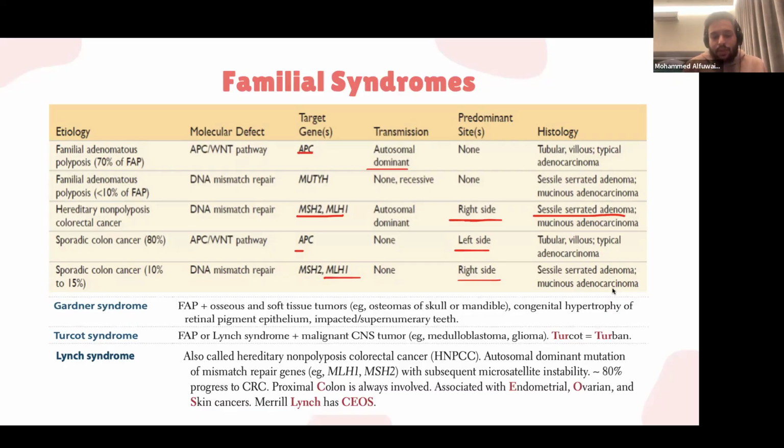Lynch syndrome, the more important, we already mentioned it in detail already, but Lynch syndrome is associated also with extraintestinal cancers, very importantly to remember, such as endometrial cancer, ovarian cancer, and skin cancer. Okay, we're gonna talk about this inshallah in endo and repro. Again, Lynch syndrome will come back then inshallah. So endometrial, ovarian, and skin cancer.